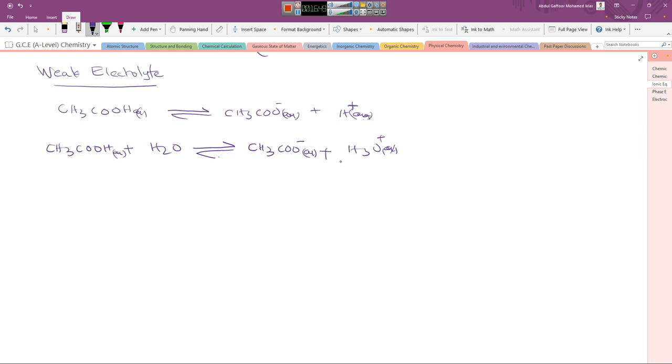After some time, some of the CH3COO- ions and H+ ions will reunite and produce CH3COOH. So an equilibrium will be established between the ions and the unionized molecules. This kind of equilibrium happening in weak electrolytes is called ionic equilibrium, right? So basically we will be talking about weak electrolytes under ionic equilibrium.